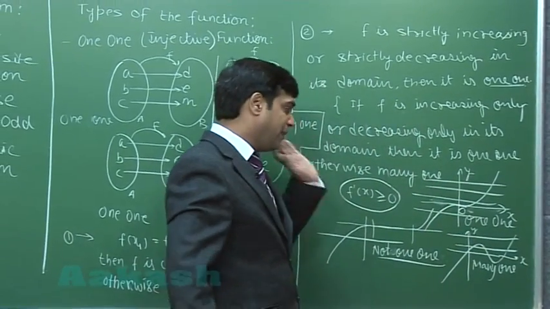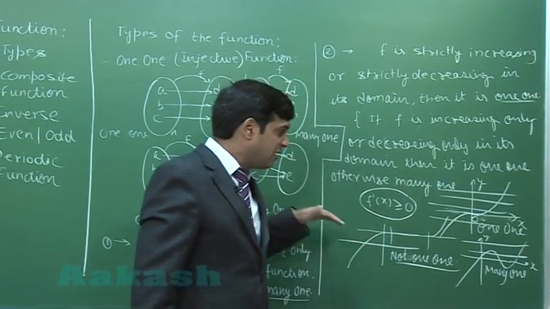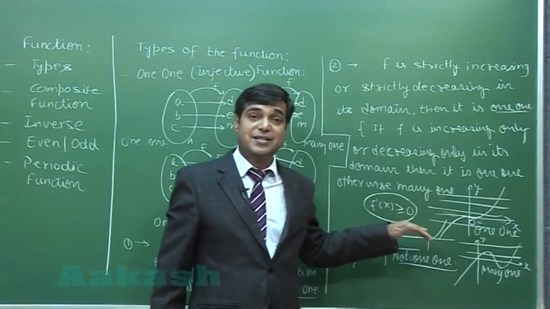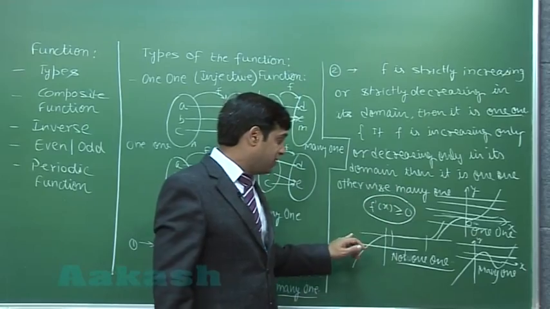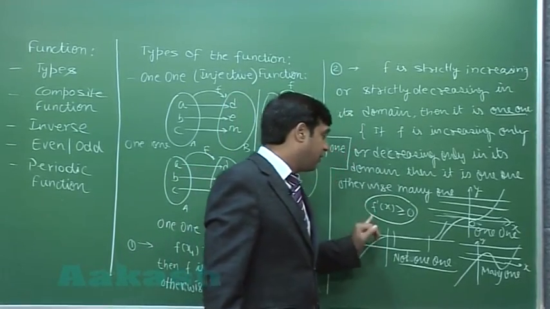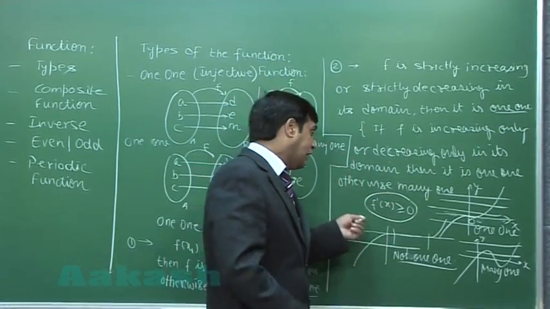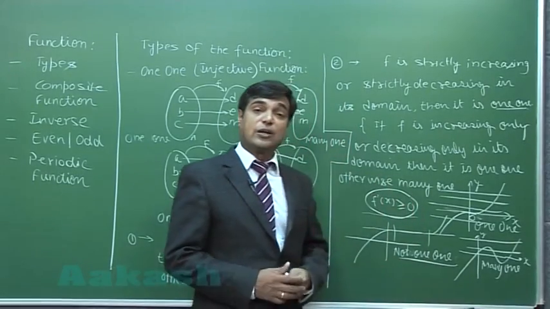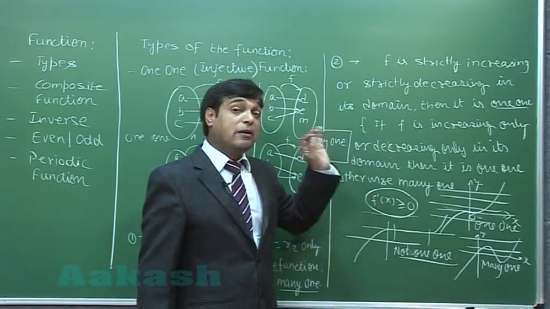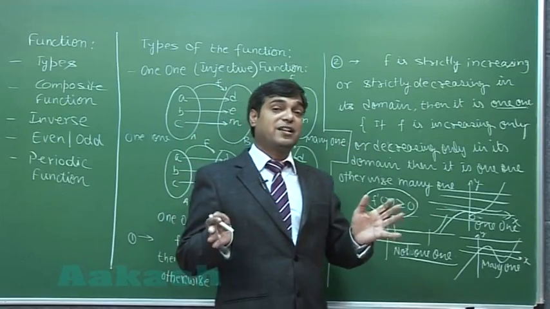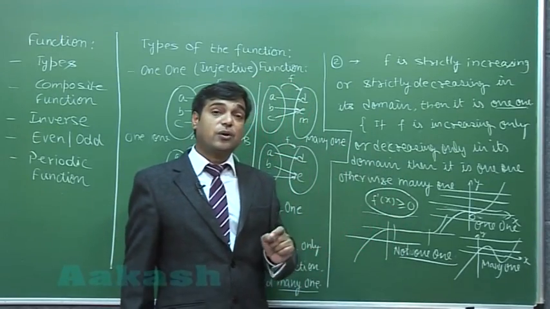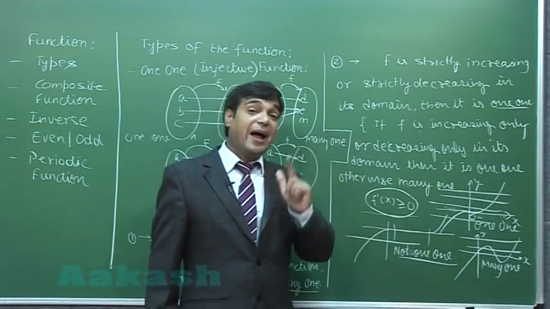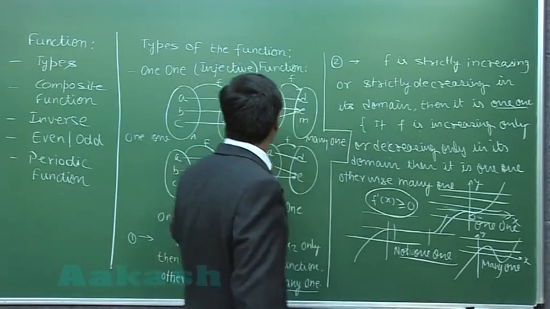Right? So please ensure, the important point is when you are drawing a line parallel to x-axis, it is cutting or touching at just 1 point. So we say that the function is one-one, otherwise it becomes many-one. So equality can also be included with the derivative part if it is for points wise only, it is not for some interval. Correct?